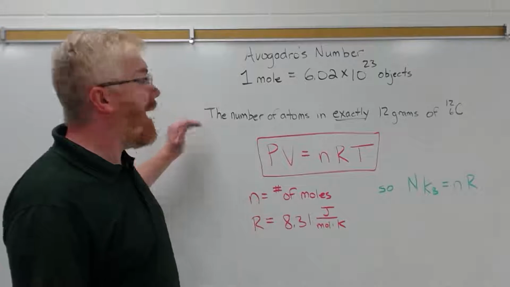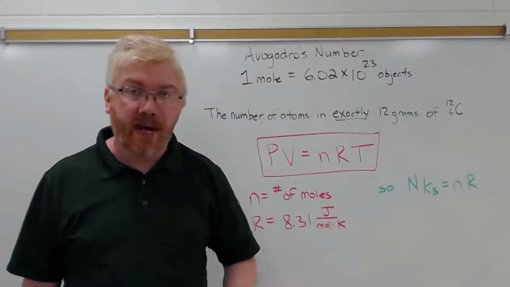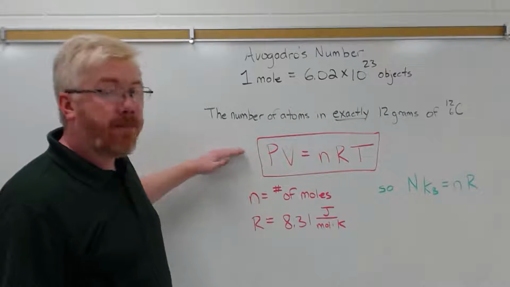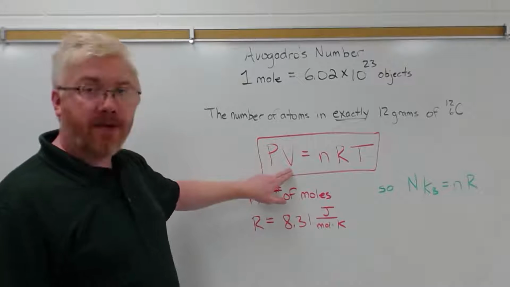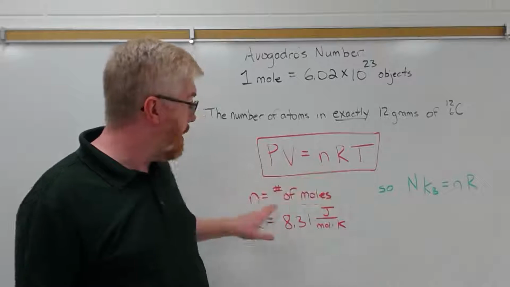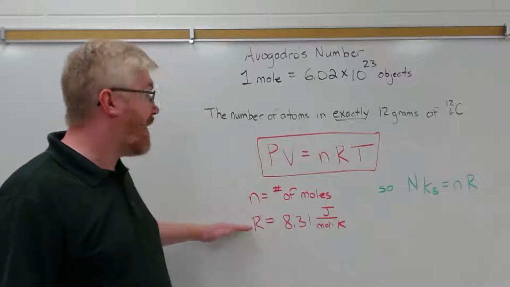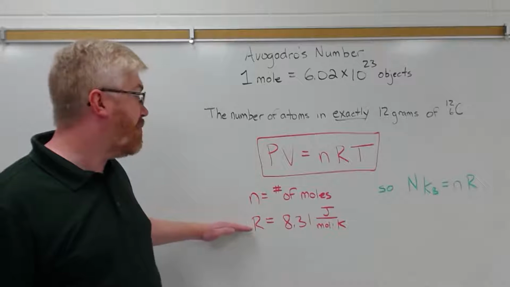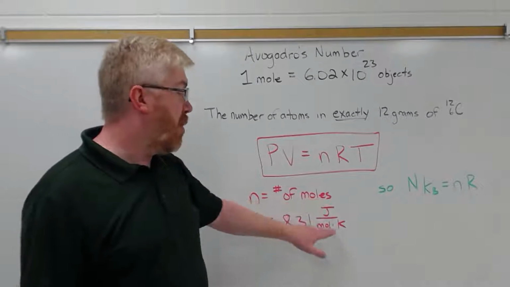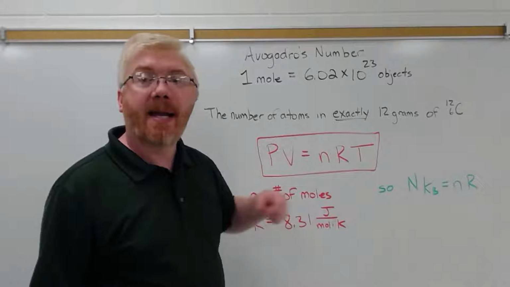So, recasting the ideal gas law using the number of moles of a gas, we get the following equation. Pressure times the volume is equal to n, the number of moles, times this constant R, which is called the gas constant. It has a value of 8.31 joules per mole Kelvin, times temperature T, again in kelvins.